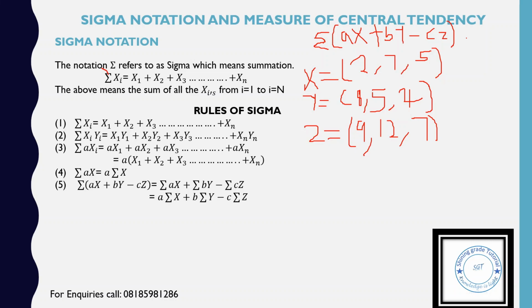Then a is equal to 5, being a constant, b is equal to 6, and c is equal to 7.